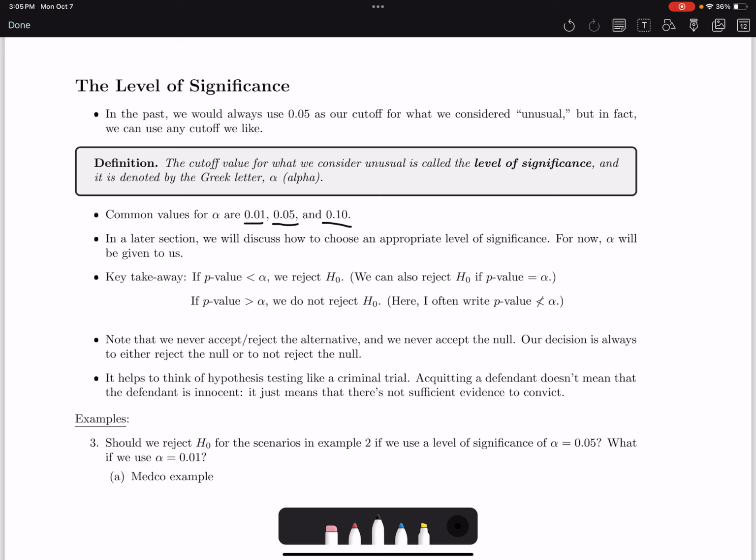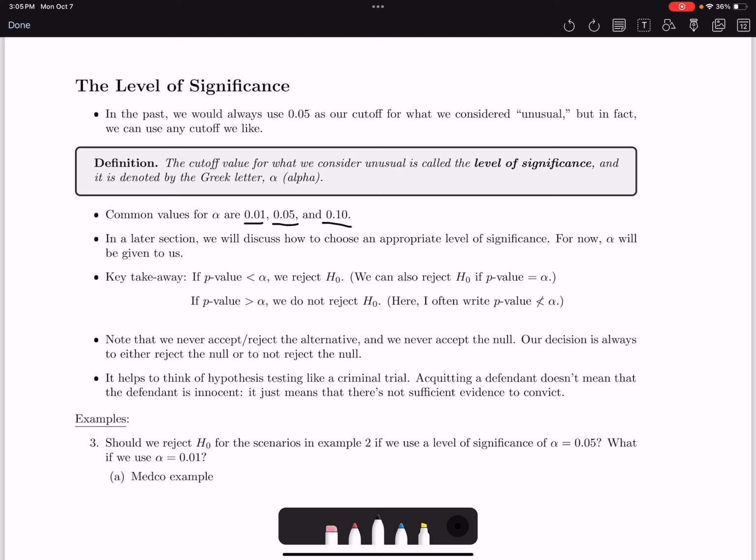Now, another thing to note is that we're not talking about accepting the alternative or rejecting the alternative. We never talk about accepting the null. Our decision is always either to reject the null or to not reject the null. And here we get into a little bit of semantics.